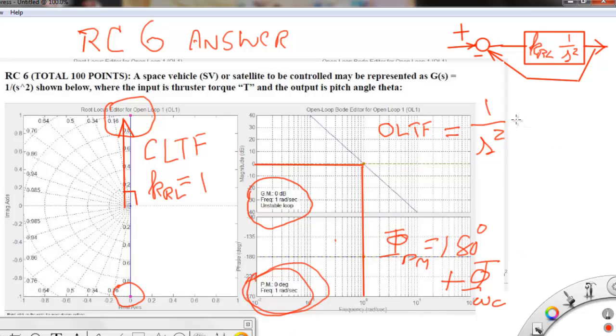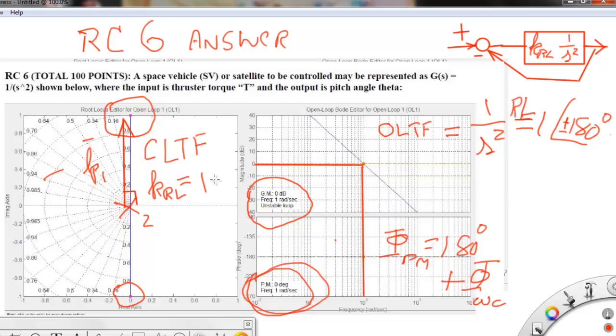Now to plot the root locus, we know that we pick trial points such that the OLTF equals 1 at an angle of plus or minus 180 degrees, right? And this was going to give us points that are on the root locus. So we have to pick our trial point to give us plus or minus 180 degrees. Well, since we have two poles at the origin, and if I pick my trial point up the j omega axis, then these phasors, we'll call them LP1 and LP2, both equal 1 angle 90.